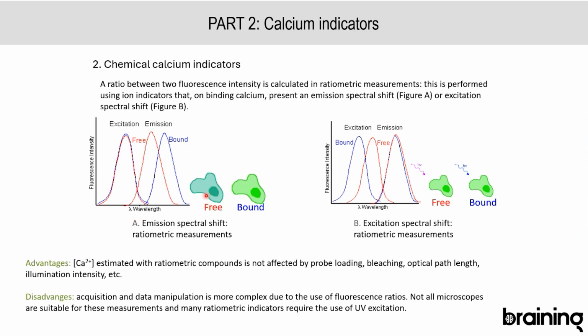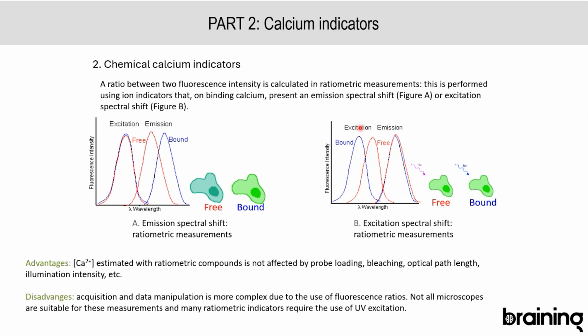And then, depending on whether the dye is free, we will have a specific emission wavelength, or if the dye is bound to calcium, we will have another emission wavelength. Or we have some dyes that can be excited with different wavelengths, depending on whether they are bound to calcium or not bound to calcium.